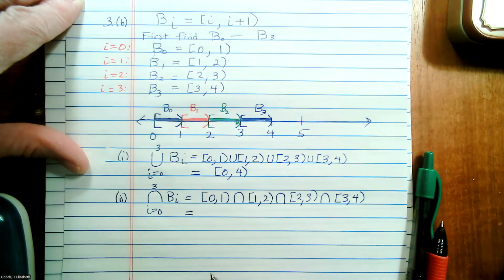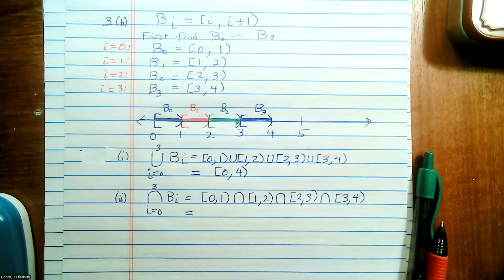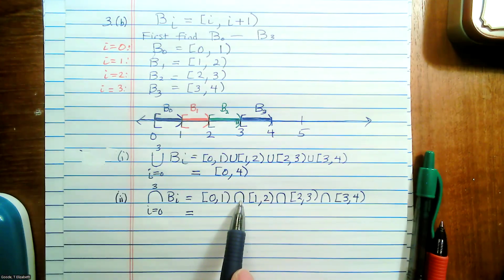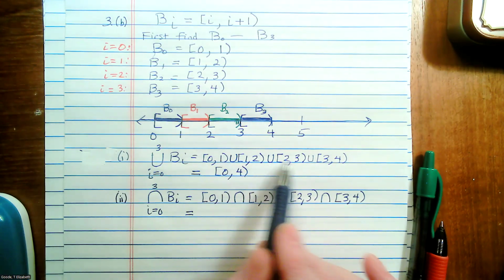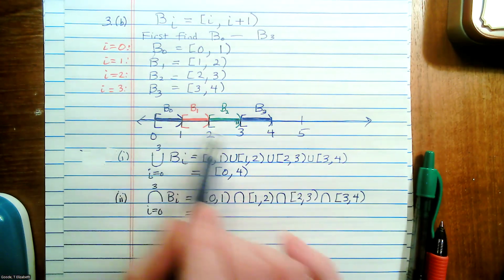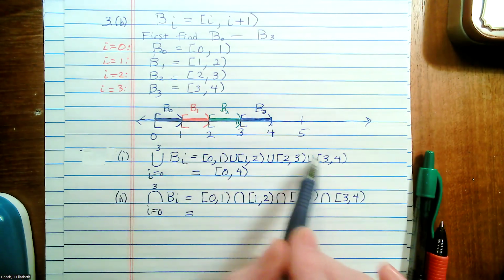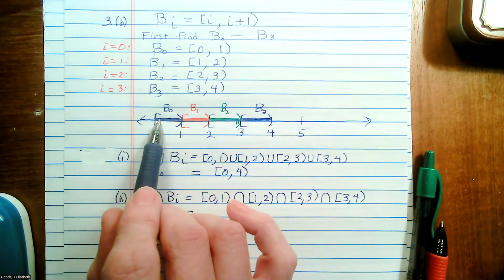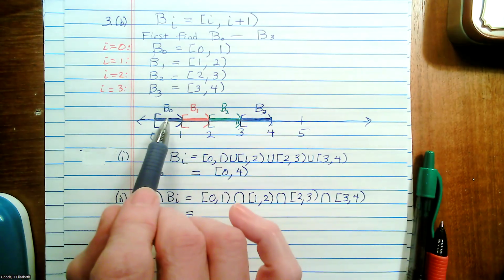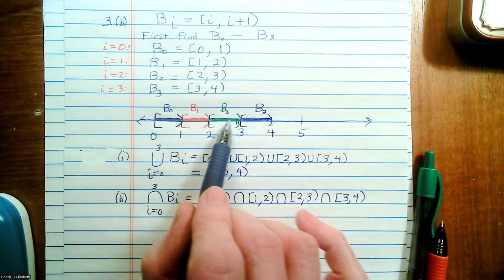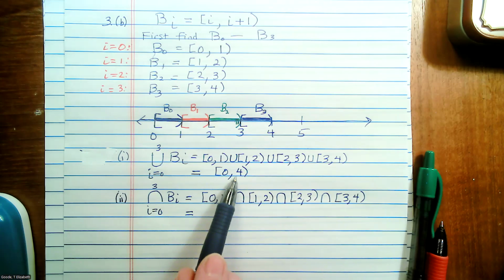Is it going to be the same? It's not. This is a very different kind of operator. The union is our OR operator. Any x that's in here, or in here, or in B3, any of those elements that are in B0 or B1 or B2 or B3 landed in our answer.